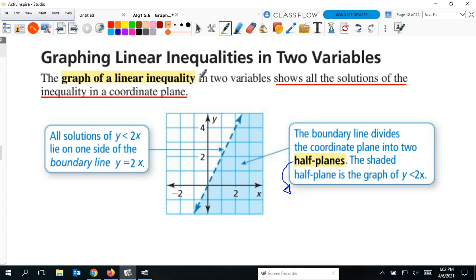What you could write, I'll put this in red, is that 2 regions, one region here, one region there, of the coordinate plane divided by a boundary line.